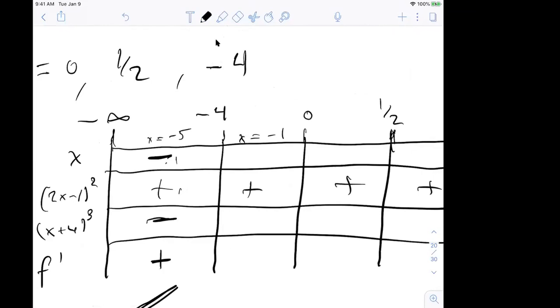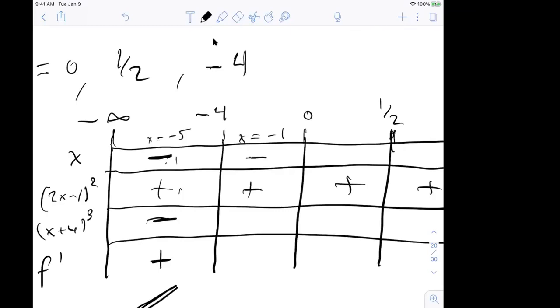Minus. Very good. What sign? We already filled this one out, so that's a plus. And what sign does (x plus 4) cubed have when x is -1? Well, I'm going to get -1 plus 4 is 3, and then I'm going to cube it.